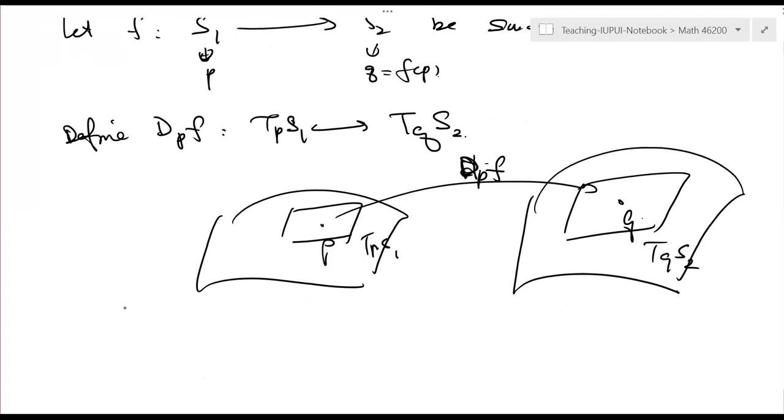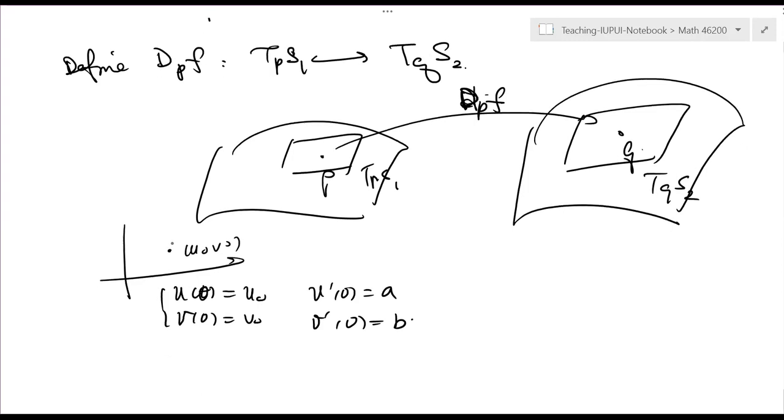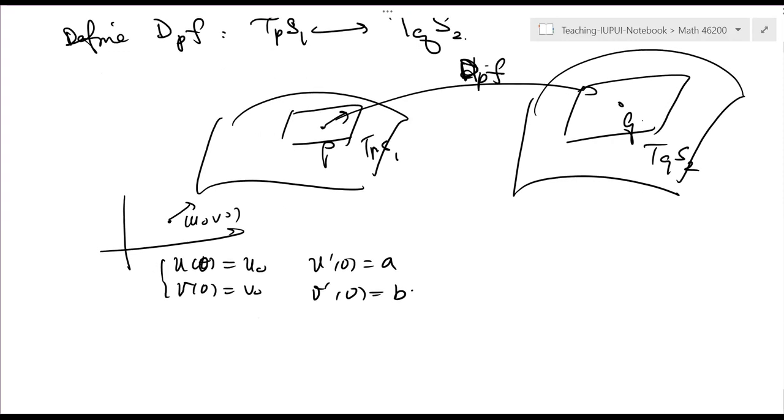We just use an arbitrary curve gamma with gamma of 0 equals P. So I have a vector, okay, so this is a tangent vector, right?